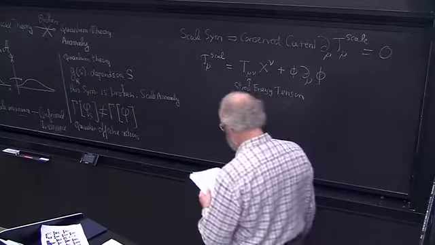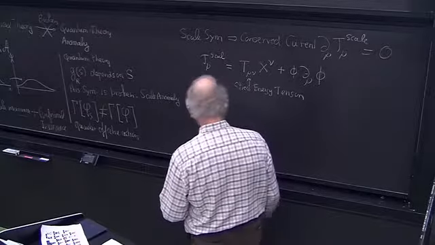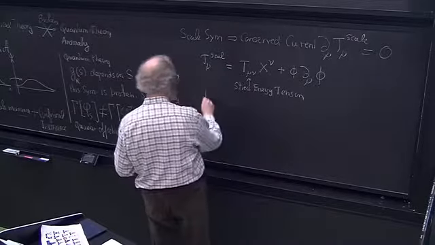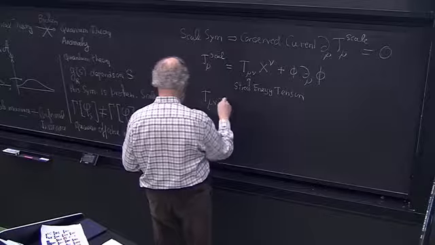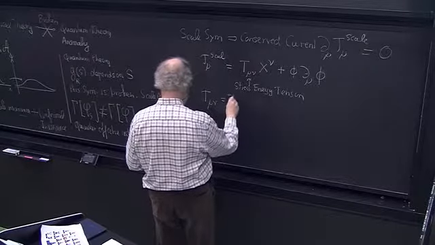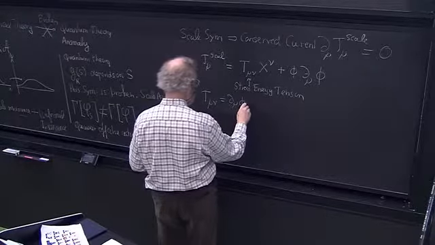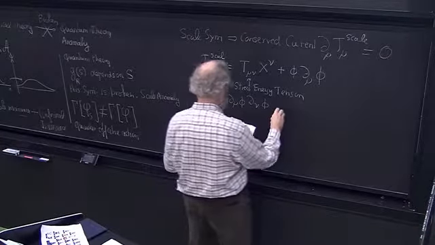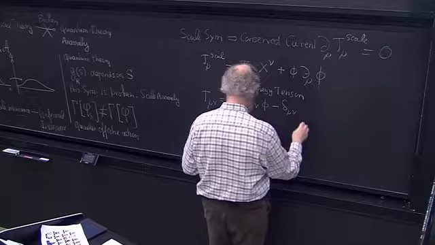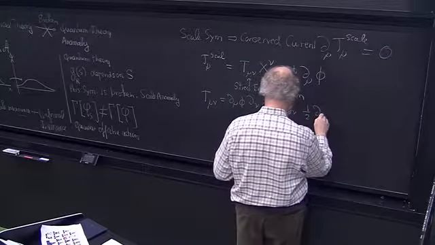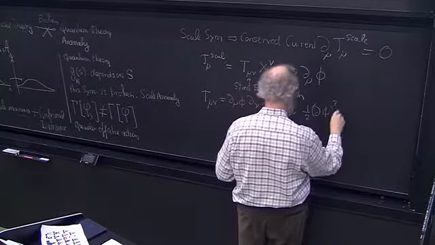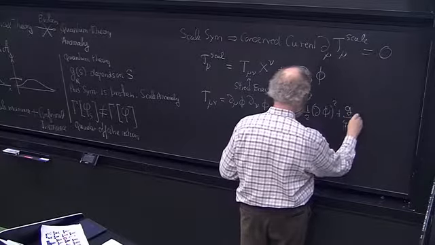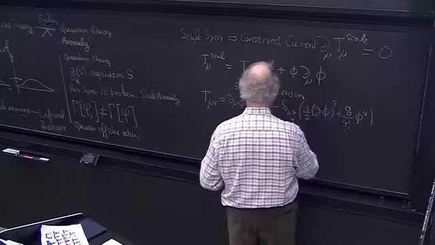And T^μν contains φ^4. So T^μν is ∂^μ φ ∂^ν φ minus δ^μν times the Lagrangian, 1/2 (∂φ)^2 plus g/4! φ^4.